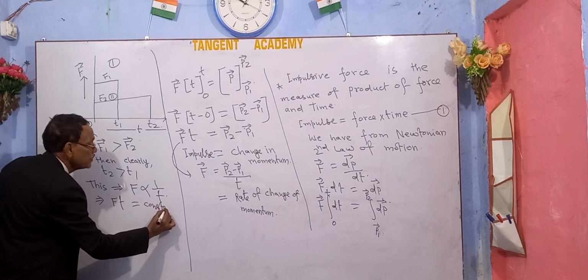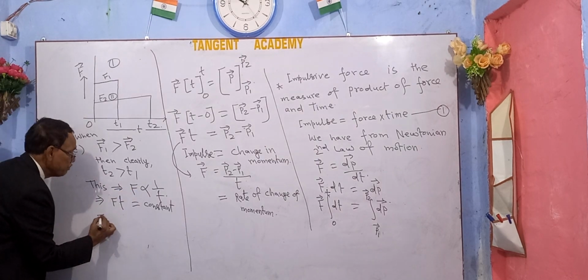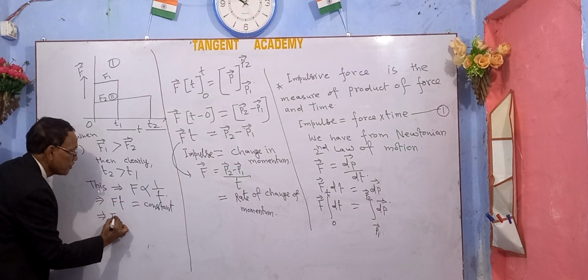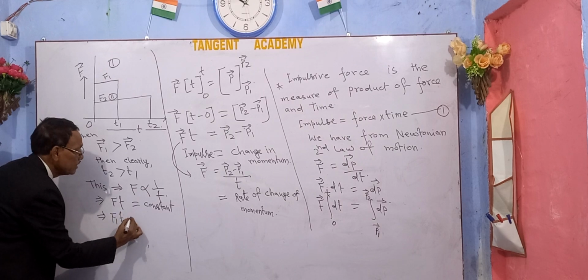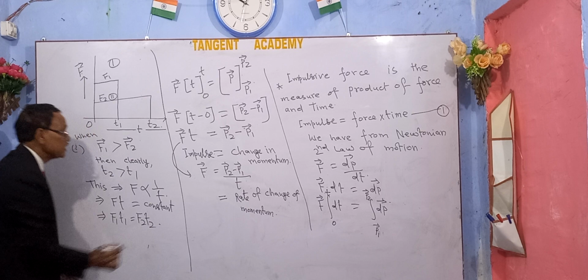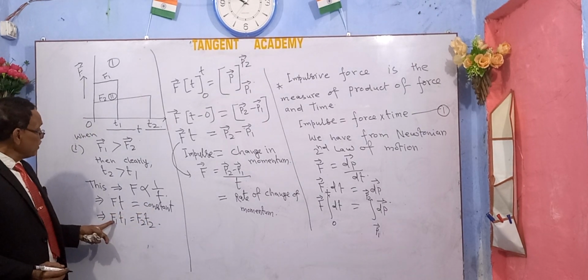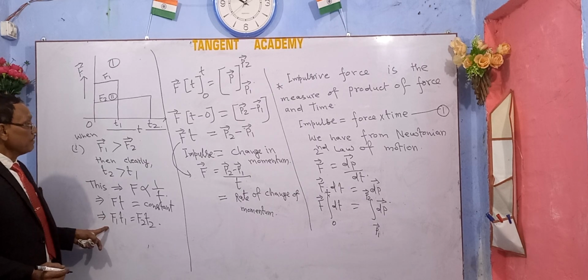That is impulse. Force into time is constant, which implies F1 t1 is equal to F2 t2, which is constant, because the change in momentum is constant.